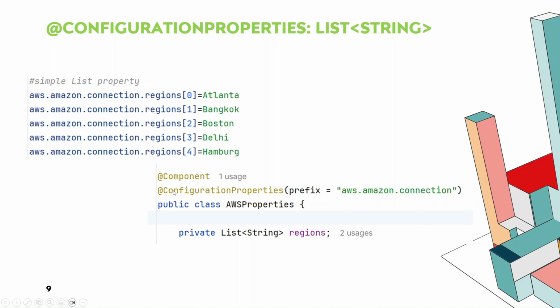So this is how we can use List<String> regions. Since these are strings, more than one string is available for the same variable, I'm going to use List<String>.